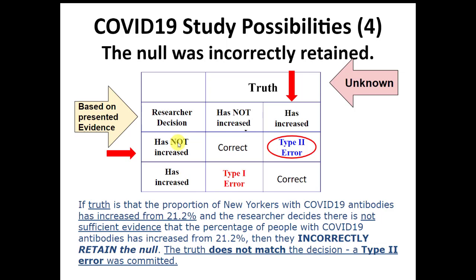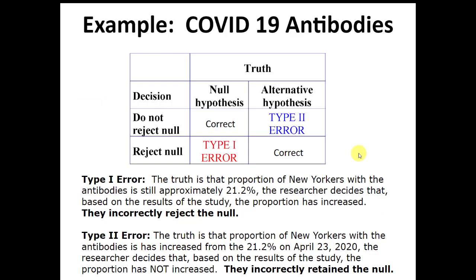So to summarize using our COVID example, a type 1 error would have been committed if the truth is that the proportion of New Yorkers with the antibodies is still approximately 21.2%, but the researcher decides that based on the results of the study that the proportion has increased. They incorrectly rejected the null.